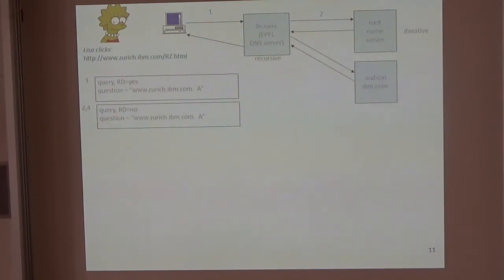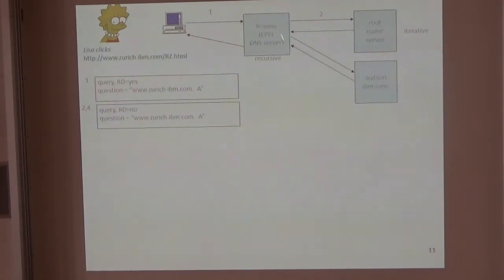Now, there are two ways a DNS server can work. It can be iterative or recursive. Recursive means I do the job for you. You ask me a question, I will do the job for you, and I will respond only with the answer. Typically, you don't do that if you're a DNS server, except if you're a good DNS server, for example, if you're the EPFL DNS server and you're talking to somebody inside EPFL.